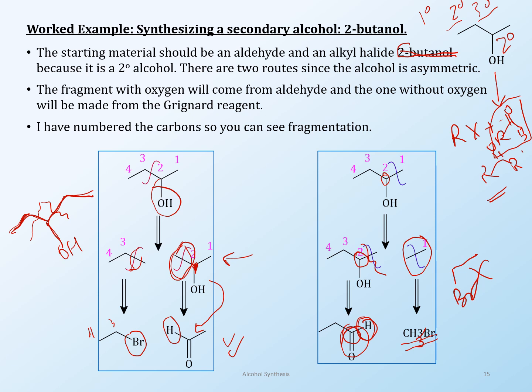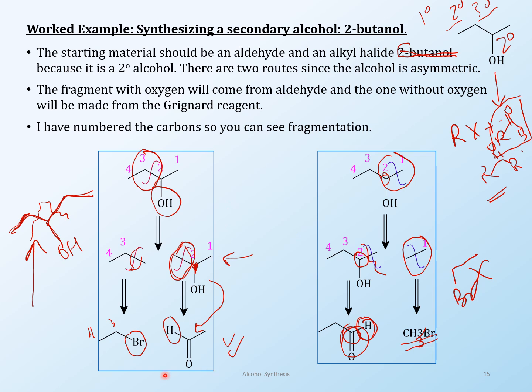In this case, you will only have one retrosynthesis. In the case of 2-butanol, you end up having two retrosyntheses because you have two fragmentations possible. So it depends on your product what kind of starting materials you're going to use and how many retrosyntheses you're going to have.